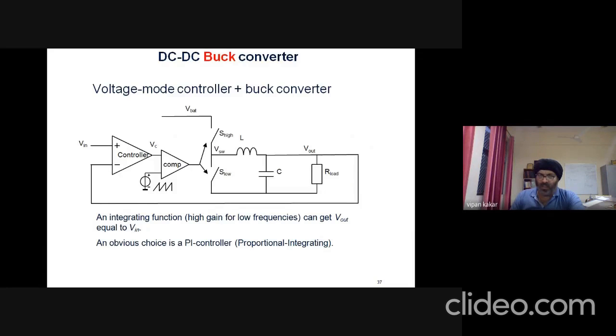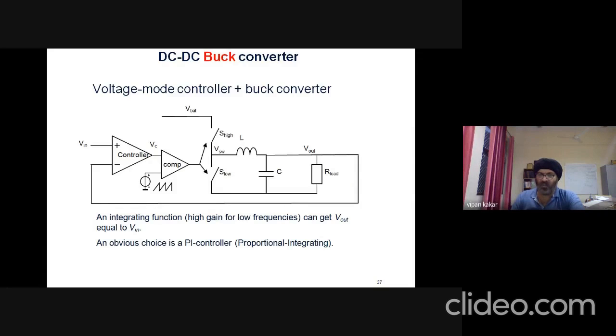Again, this output is received over here and then fed back. Again, a new difference is calculated by the controller, and based on the new difference between output and the input reference, a new control voltage is generated, and that new control voltage is compared with the fixed sawtooth waveform.